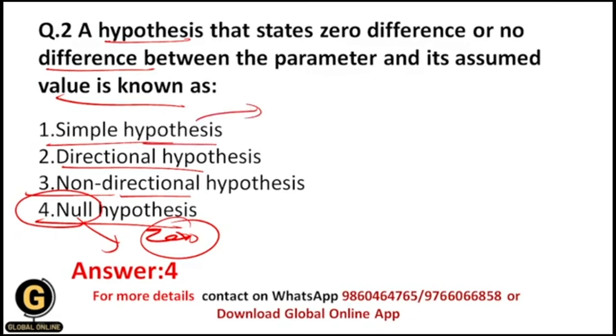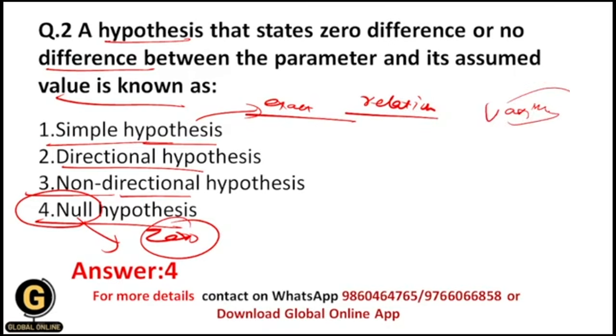Okay, what is simple hypothesis? So basically simple hypothesis states the exact relationship between the variables, whatever relationship between the variables is already there. Okay, now what is directional hypothesis? Directional hypothesis is the hypothesis which states the result in one direction only. Okay, it has only one direction, and that's why this kind of hypothesis is tested by one-tail test.